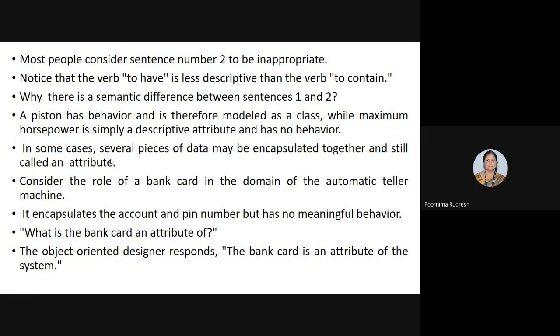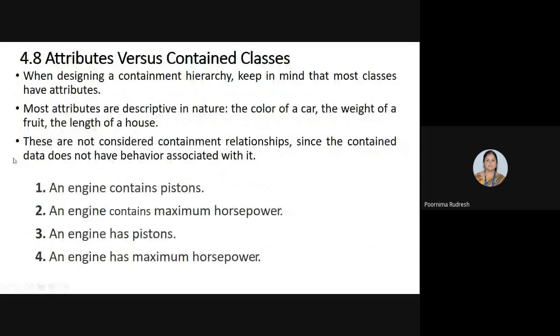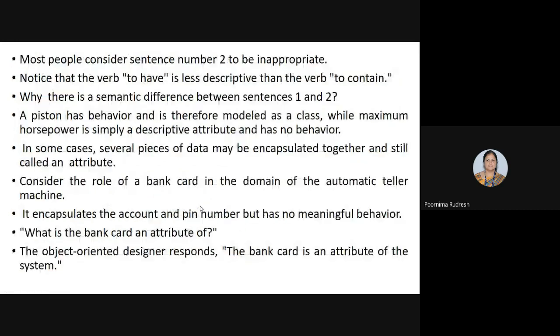So there is a semantic difference between these two sentences, even though we are using the same word, contains. The piston has behavior, but maximum horsepower just gives the descriptive nature of the attribute.